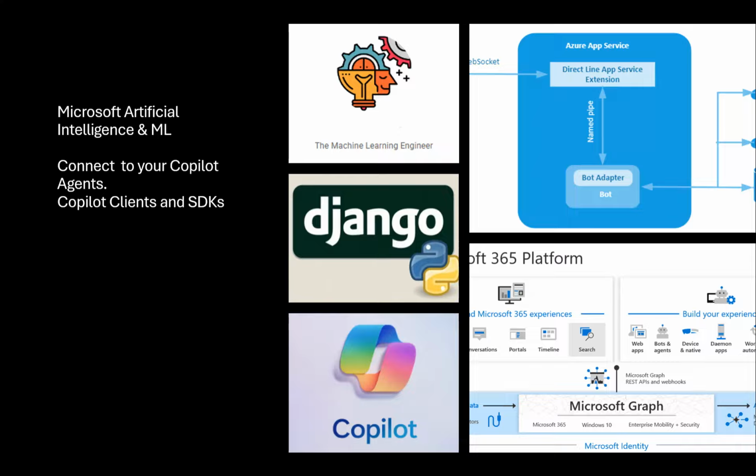We will be doing a demo on my local computer, which tries to simulate a real scenario, essentially creating a kind of bot which is interacting with the different agents that I have available in my Copilot Studio subscription.